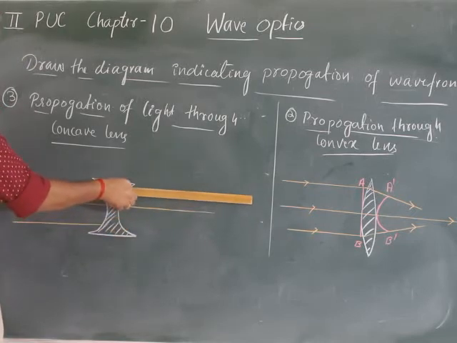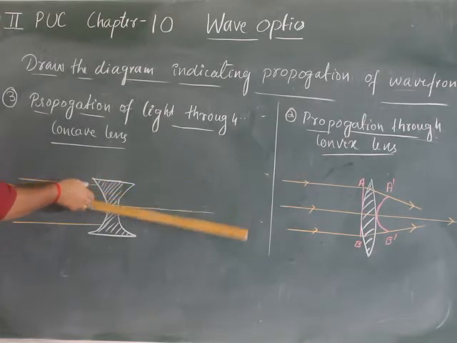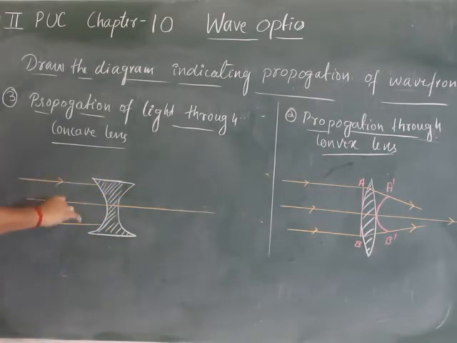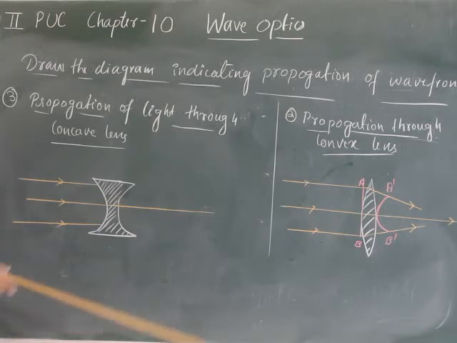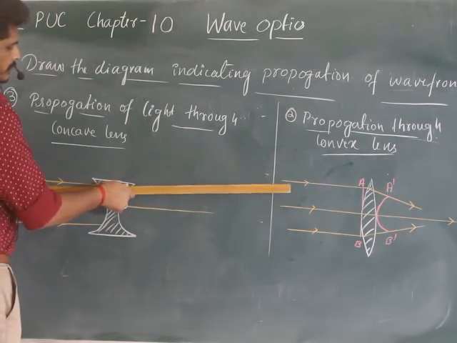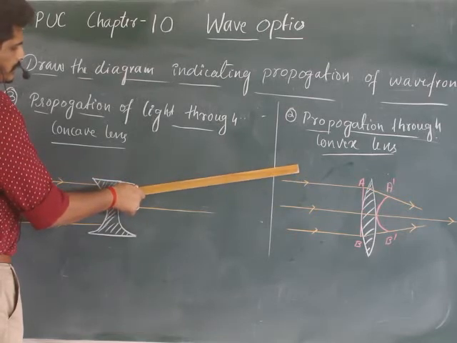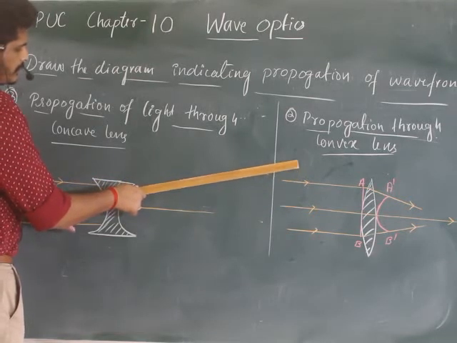Correct? Like this. Yes. So next what happens? We know that after this there will be divergence of light. Correct?